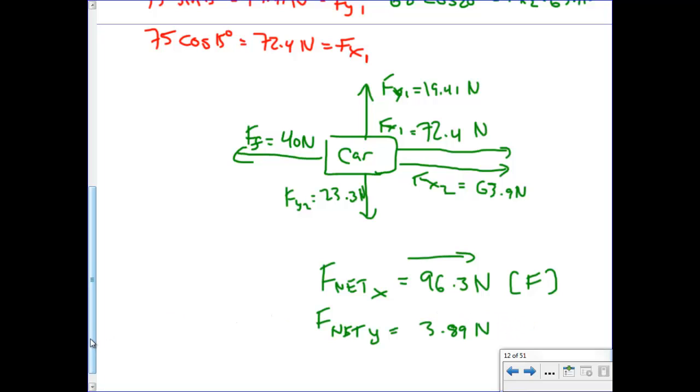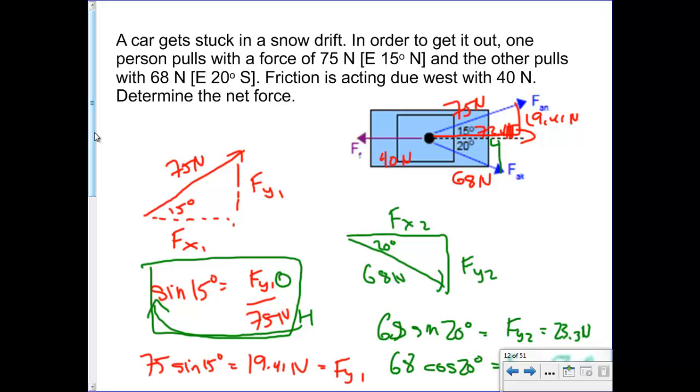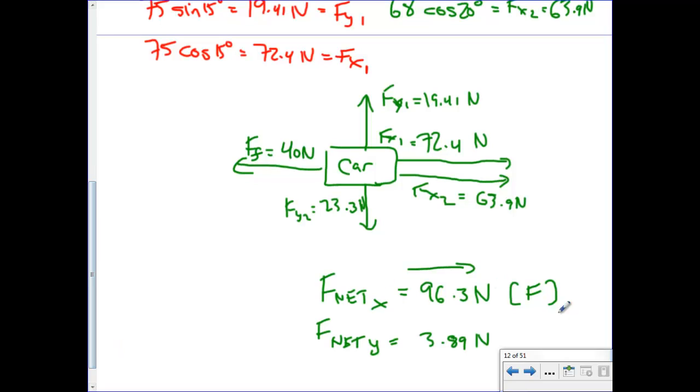I think I should change my directions, because it wasn't forward and down. It was north, south, east, west. Let me draw the arrow here. It would be north, south, east, west. So let me change all that. These guys are actually going east, and this would be getting pulled south.